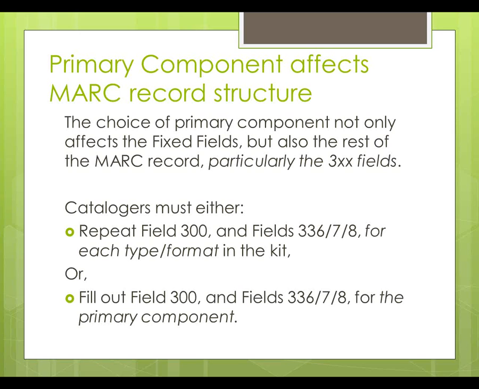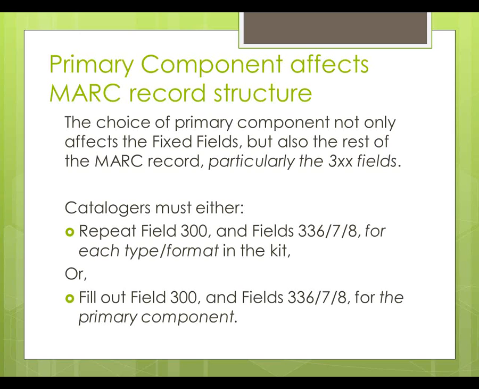So you'd make one 300 for the book and then another 300 for the CD. And then you'd make a 336, 337, and 338 for the book and then repeat 336, 337, 338 with the CD information, which is allowable. Takes a little while. Or you can fill out that information for just the primary component.